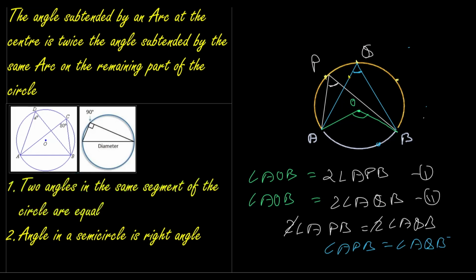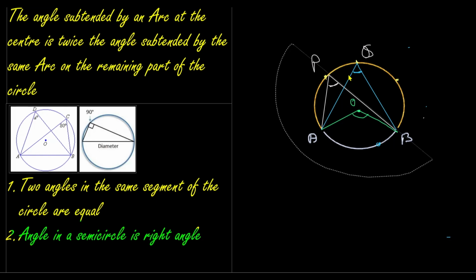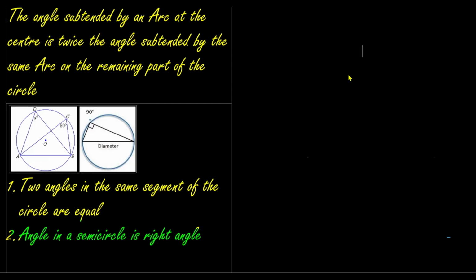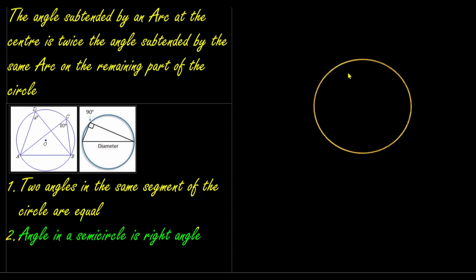Now let's come to the next property, which is again derived from here, that is, the angle in a semicircle is a right angle. So understand the meaning of angle in a semicircle first. Once again, I'm going to draw a circle first. I make a small cut over here and here, representing the diametric ends.